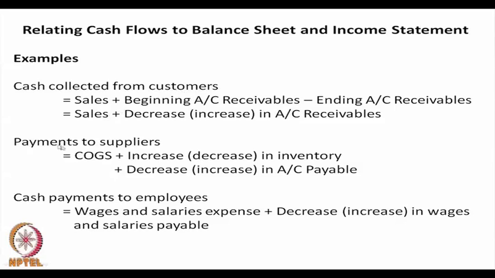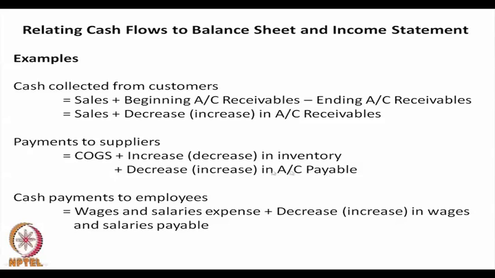Similarly, if we look at payment to suppliers, it can be shown as cost of goods sold plus increase or decrease in inventory plus decrease or increase in accounts payable.